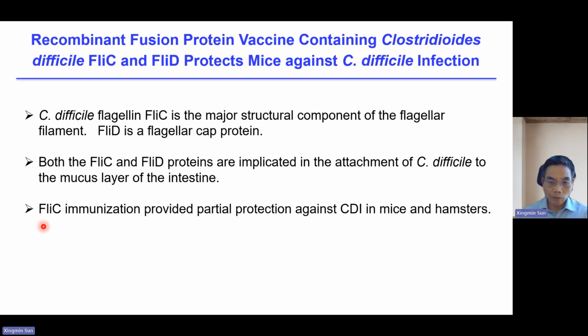In addition, FliC can regulate toxin production and also the fliC gene transcription. Therefore, we think a recombinant fusion protein containing these proteins would be a good vaccine candidate.